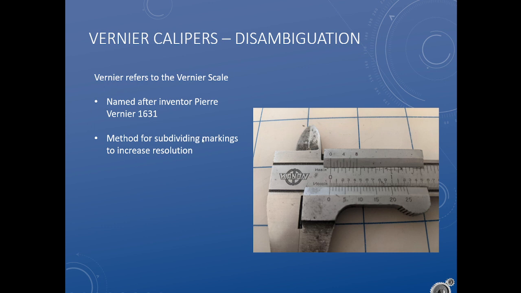Vernier scale refers to the way these dashed lines line up, how we read these specific kinds of tools. We'll get into more details as to how to read this, but the vernier part of it is named after a French guy, which is why you will hear people pronounce it differently, because they don't know it's French, or because you went to an Ontario public school and have very poor French, or because you might actually speak French.